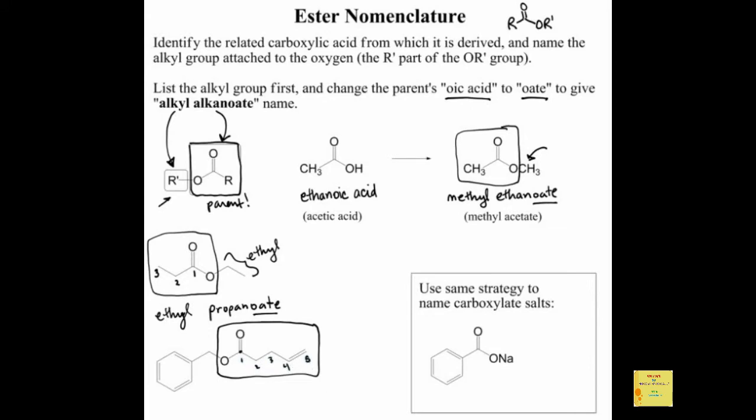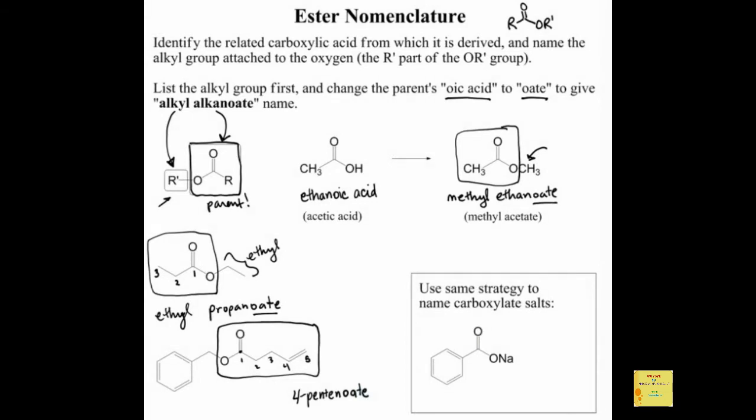It was pentane that we started with originally, but we have a double bond here, so this is actually going to be called 4-pentene. But it's not pentene, it's an ester. So what suffix do we use for an ester? We drop the E and we add -oate. So this is called 4-pentenoate.